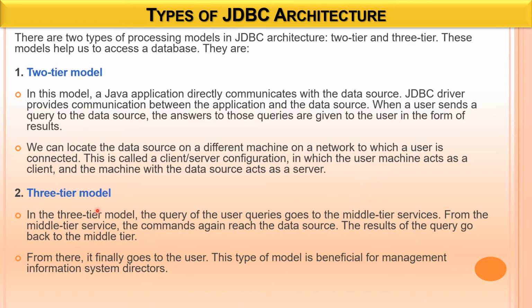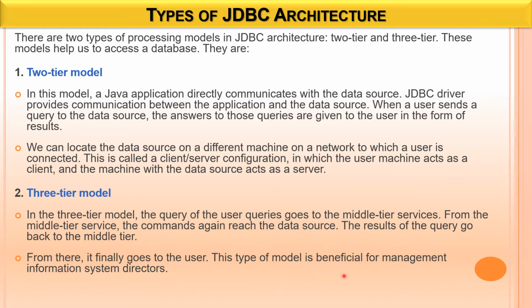But in the three-tier model, the query of the user goes to the middle tier services. From the middle tier services, the command will again reach the data source. The result of this query goes back to the middle tier, and from there it will finally go to the user.